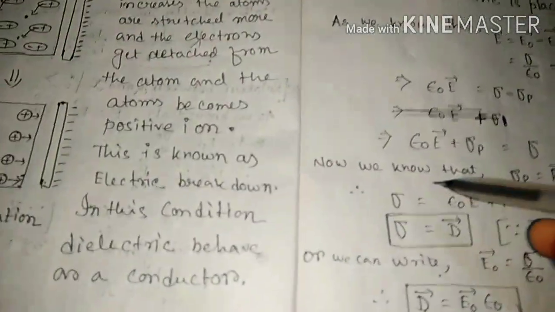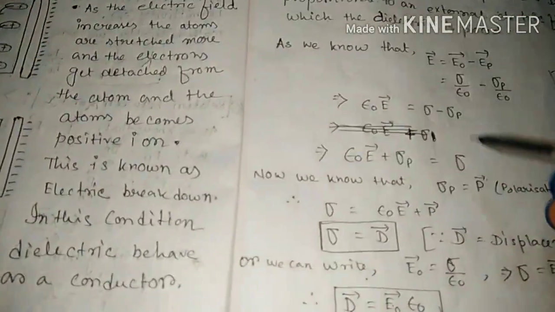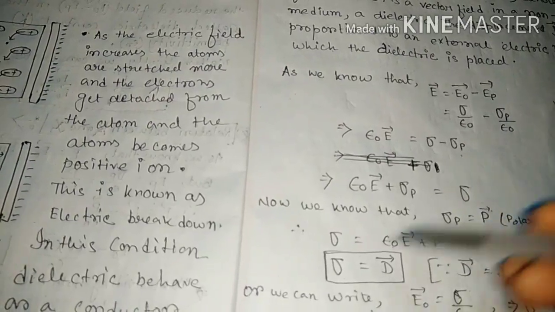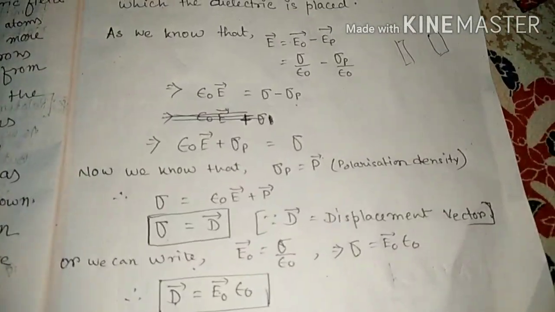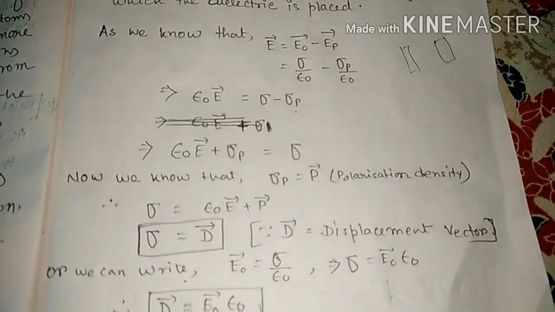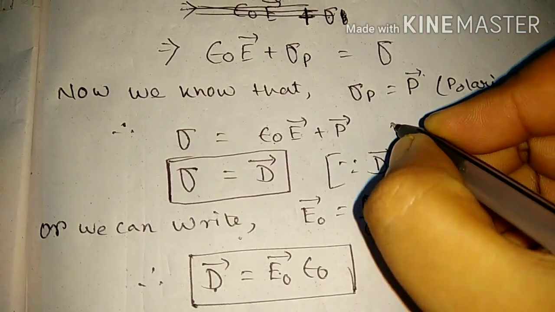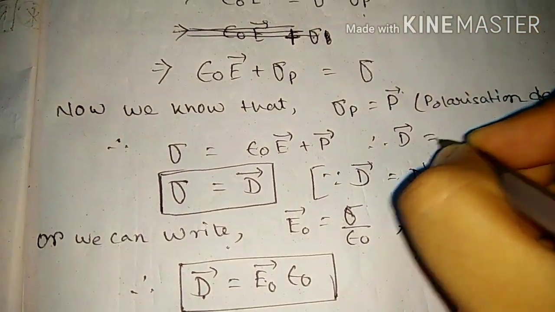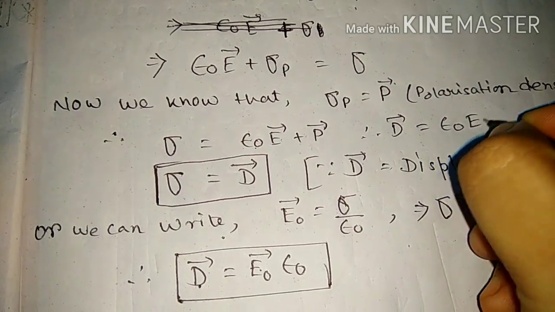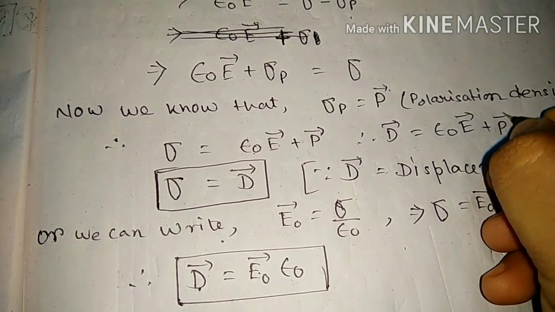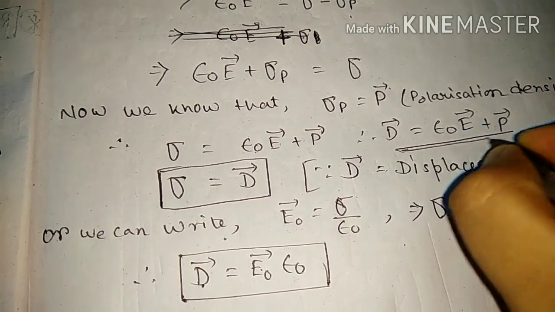You can also denote it sigma free, because sigma P is denoted for polarized charges. Due to free charges we get the surface charge density. So displacement vector D equals epsilon naught into E plus P. This is the expression of the displacement vector.